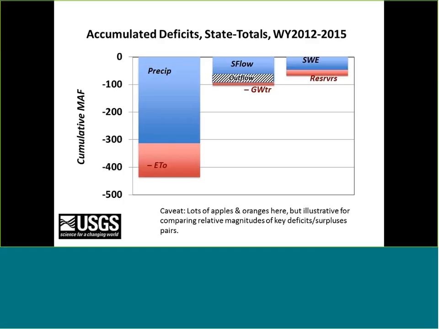Stream flow is a much larger number, especially if you include the delta outflow, then it's like 90 million acre-feet of water, versus we just saw a number on the order of about 13 million acre-feet for groundwater.